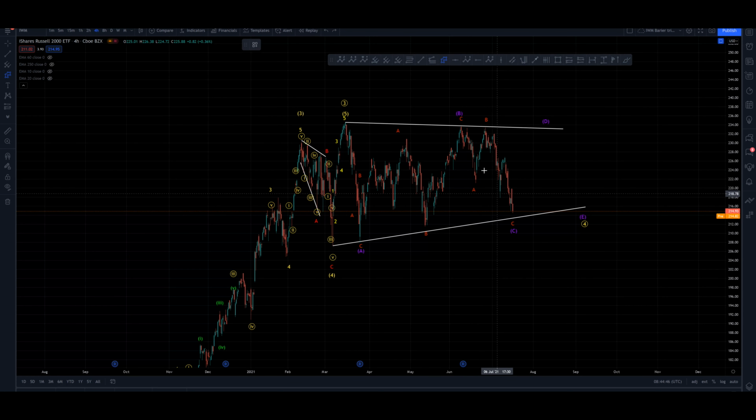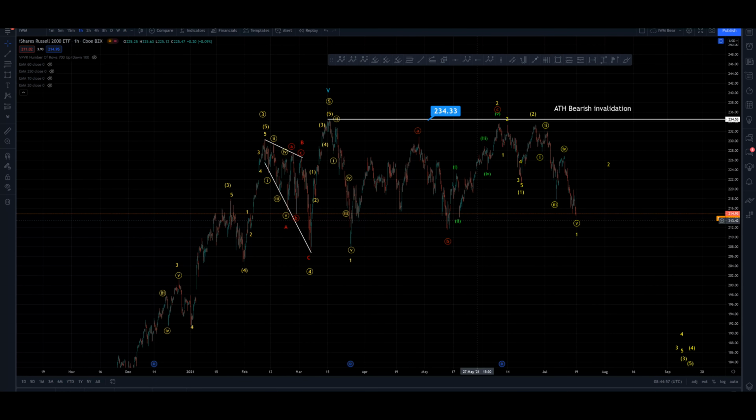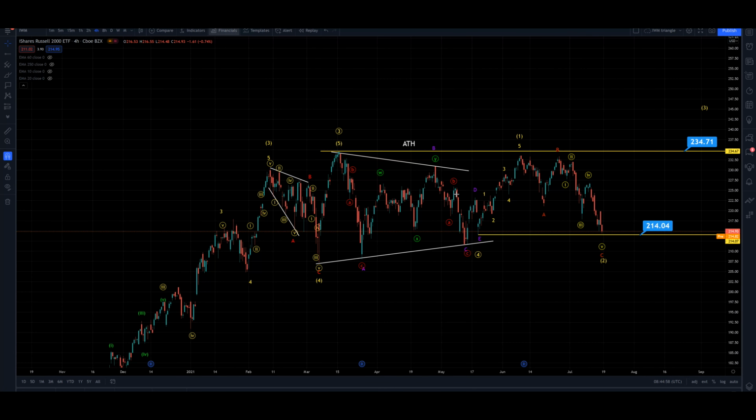With the other count here with the A, B, C, D, E, I'd argue that I was possibly trying to force a bit of an early completion. I was probably trying to force an early conclusion because I saw this impulse wave up and thought, well, this looks like 5 waves, rather than thinking of it as possibly another 3-wave structure.